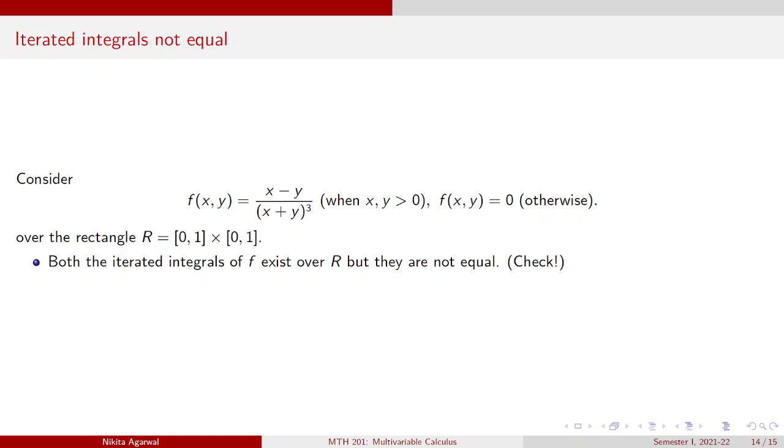So if you have to look for an example, it has to be for a discontinuous function. And this is the discontinuous function that I'm talking about. If you integrate it over the rectangle, both the iterated integrals exist, but they are not equal. I would like you to check that. So this is an example where iterated integrals exist, but they are not equal.